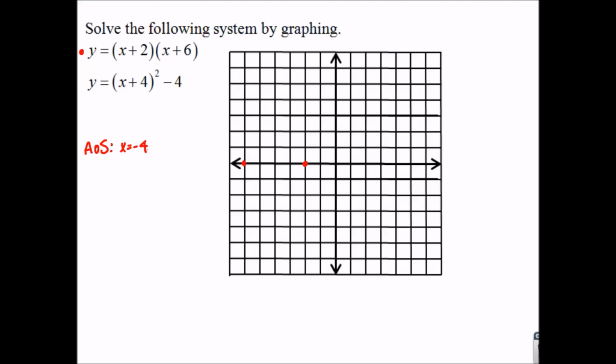So we're going to use that when we find our vertex. So we need to plug negative 4 in for x. And we get negative 2 times 2, which is negative 4. So our vertex is negative 4, negative 4.